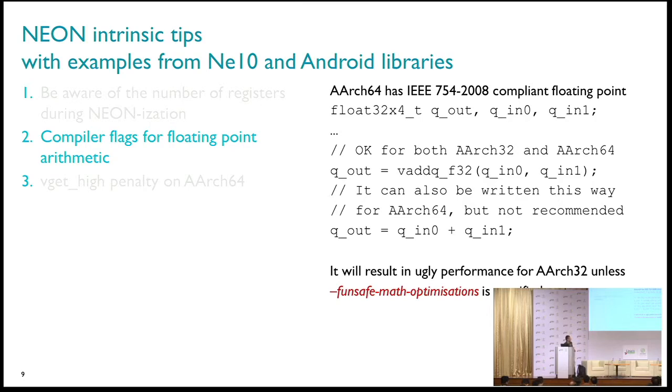Or actually, we can call operator add here for ARC64. The latter one is not recommended because it will result in ugly performance for ARC32 unless this option is specified.